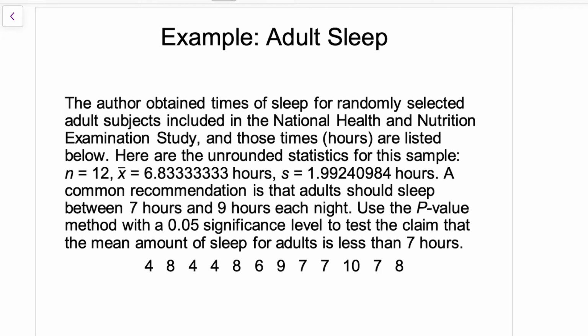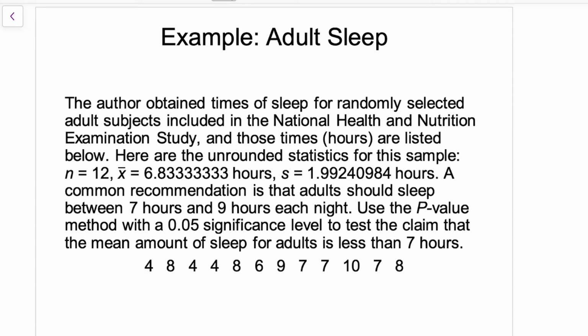Let's look at the first of two examples. An author obtained times of sleep for randomly selected adults included in a national health and nutrition examination study, and the times in hours are listed below. Here, we need to compute the sample mean and the sample standard deviation, which is computed for us.